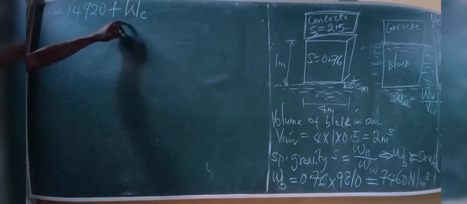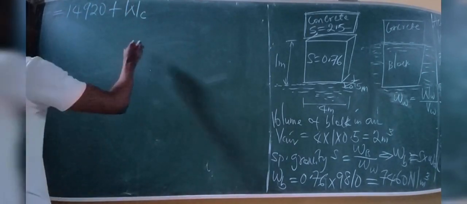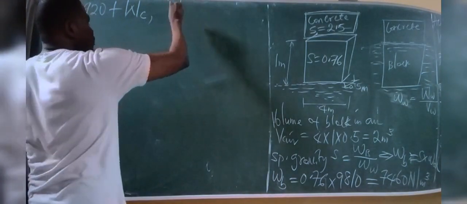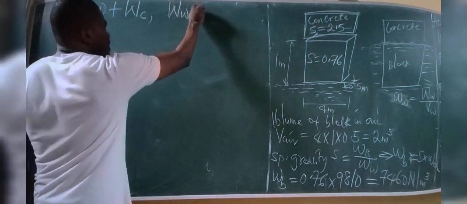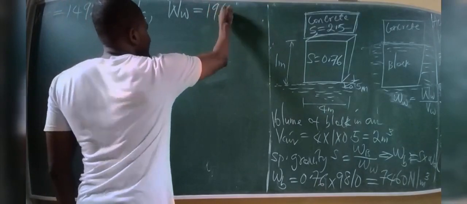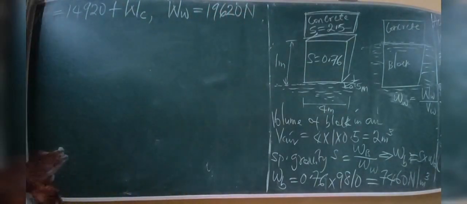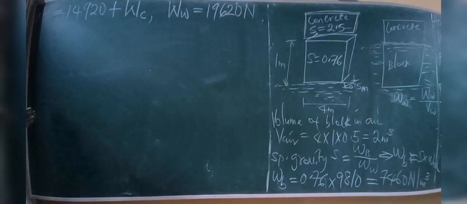We take WC to be weight of concrete, and we also obtain total weight of fluid displaced, weight of water, as simply 19620 newtons.